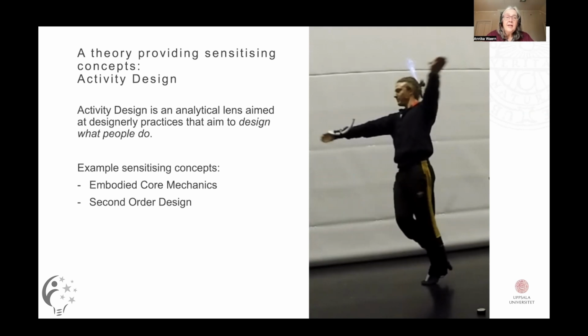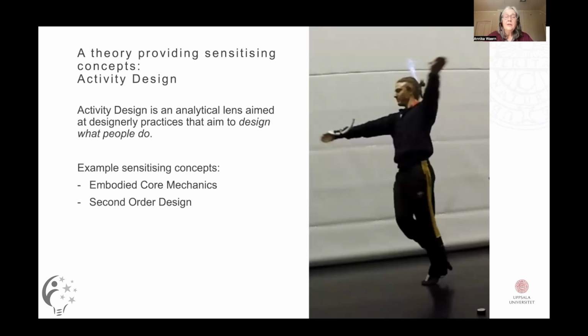Some of the sensitizing concepts that come out of this way of looking at design are concepts such as embodied core mechanics. Embodied core mechanics are things that people do that is the core goal of a particular activity.